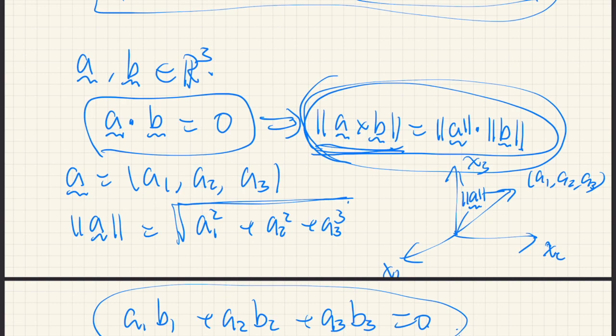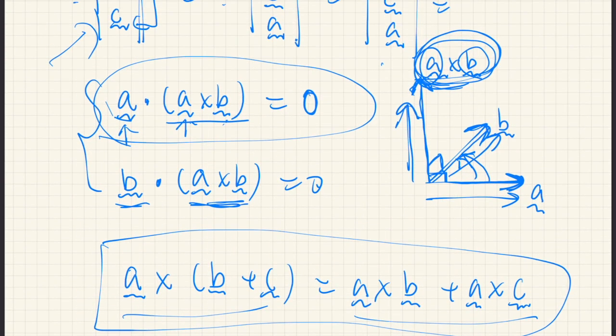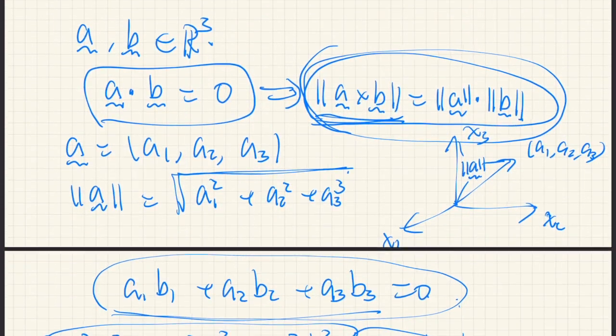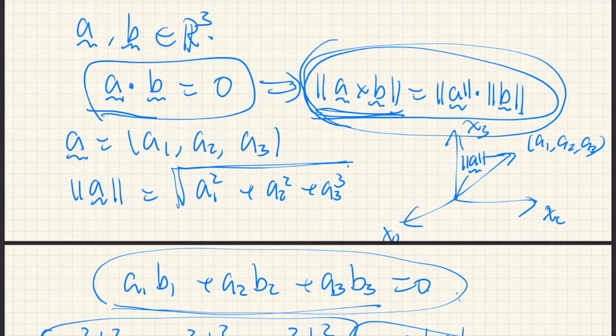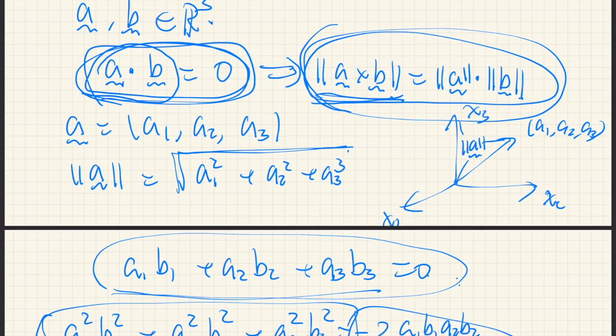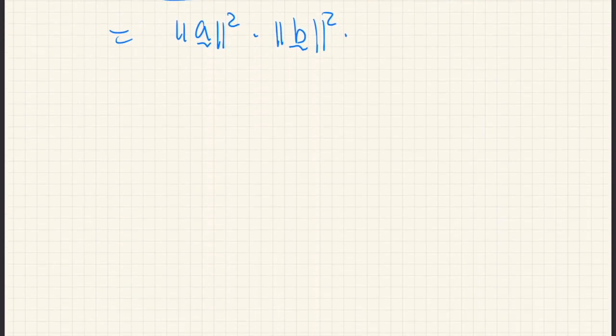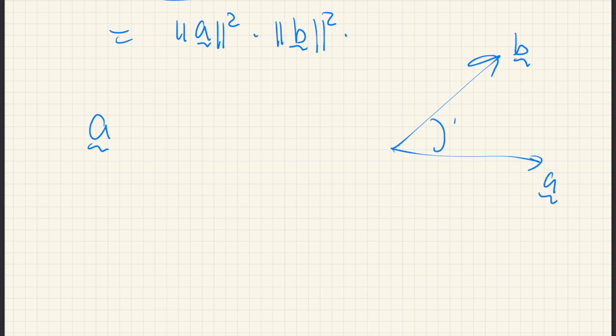After these tedious calculations we get this result, but what does that mean exactly? It means that if A and B are perpendicular to each other. By the way, why is this perpendicular? Remember, if the angle between two vectors is theta, then A dot B, the scalar product, is given by the norm of A times the norm of B times cosine theta.